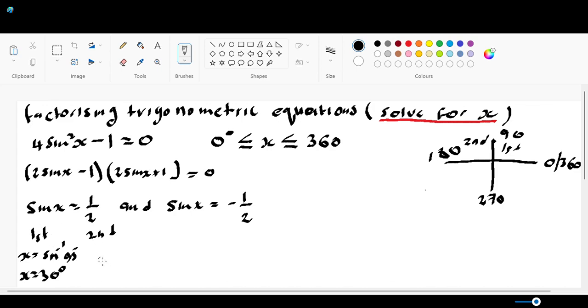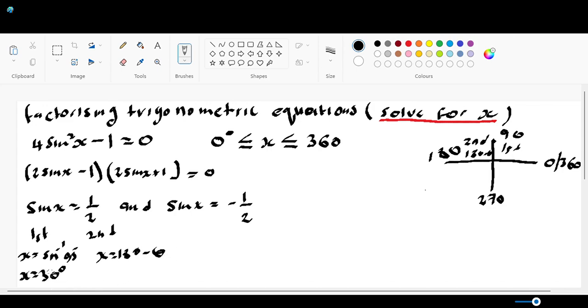Now on the second quadrant, which is this one here, how do we represent the second quadrant? If you still remember the second quadrant using the 180 rule, you know that it's 180 minus theta. So in order for you to find x here in the second quadrant, you can say x is equal to 180 minus theta.